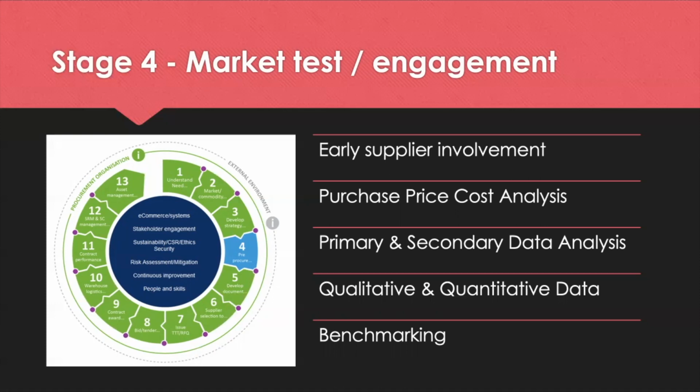And the data itself can be qualitative or quantitative. The qualitative stuff is more opinions-based, and quantitative is data like the size of the market, the prices, the trends. And then lastly, a little bit of benchmarking, finding out what your competitors are doing and what the market's doing.